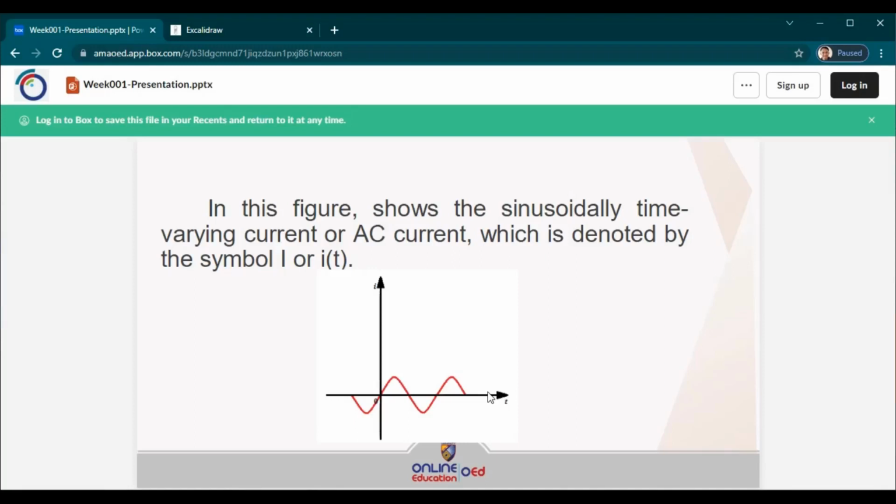That is actually a very good example. What is the value of the household current source in the Philippines? We have 220 volts. Other countries use 110 volts, like Japan, for example.